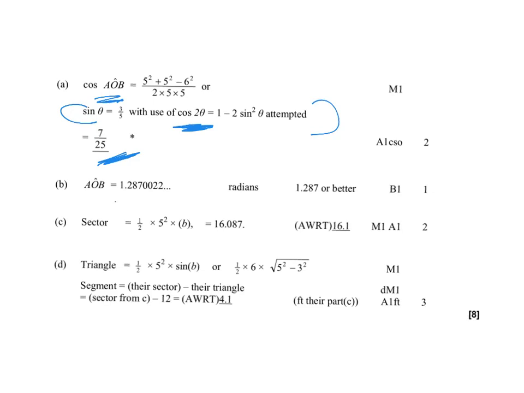Then finding the angle, that's just calculator work really. Then finding the sector, just using the formula half r squared theta. And here we're using the area of the triangle. You're then using your sector from the last question, take away the triangle to get 4.1.